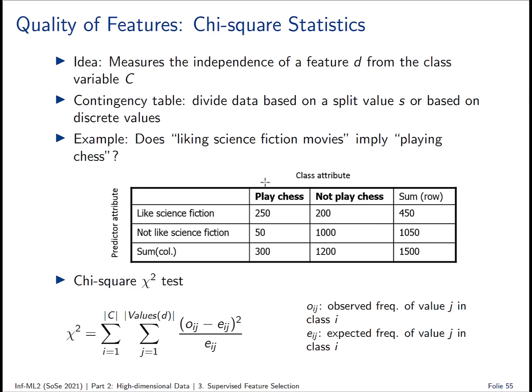So here it is. The basic idea, once again, is to measure the independence of a feature from the class variable, and for that we look at the so-called contingency table, where we divide the data based on a split value in this particular feature, or based on some discrete values. We look at an example right away.